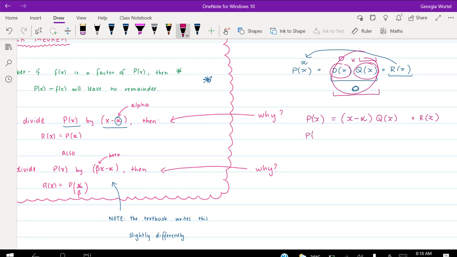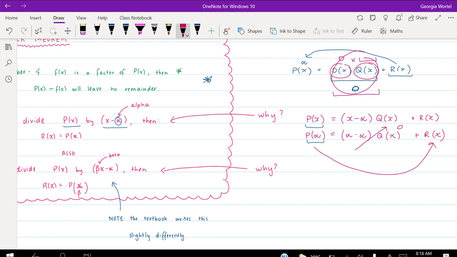So if we had p of alpha, whenever we see x, we're going to replace it with an alpha. Then over here, I would have alpha minus alpha, times q of x, plus r of x. Now that makes sense. Alpha minus alpha is going to go to 0, which means this whole term here is going to go to 0. And we have p of alpha is equal to our remainder r of alpha, or our remainder r of x. They're equal to each other.